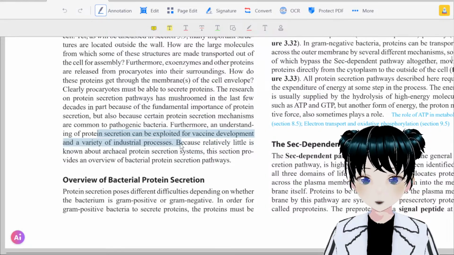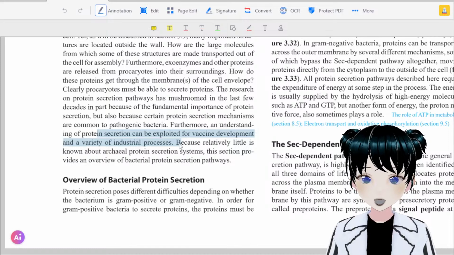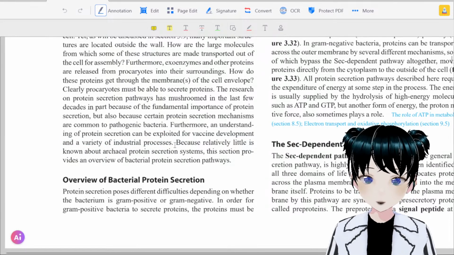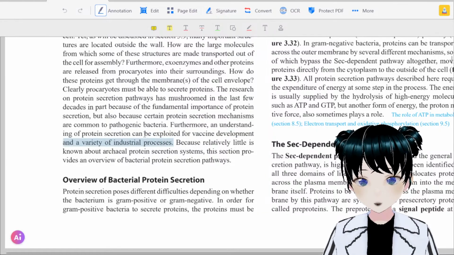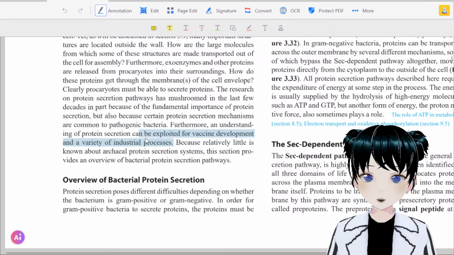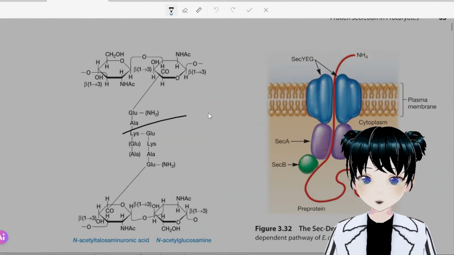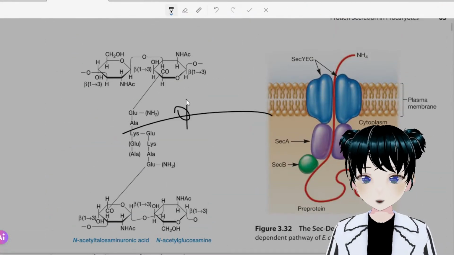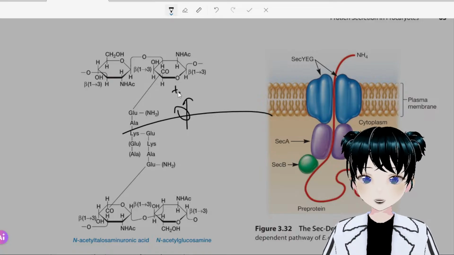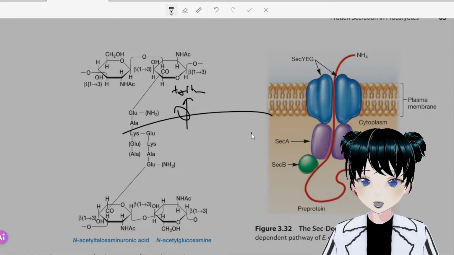Now people will be saying, why do we study how it transports, etc.? First is general curiosity about how it works. But by studying how it works, we can exploit their pathways, so we can use it for vaccines. For example, think if there is a channel that secretes a toxin, and we want to kill this bacteria or make it unworkable.